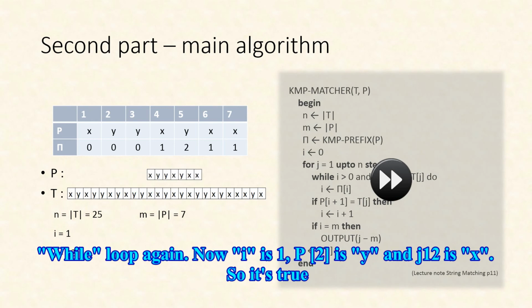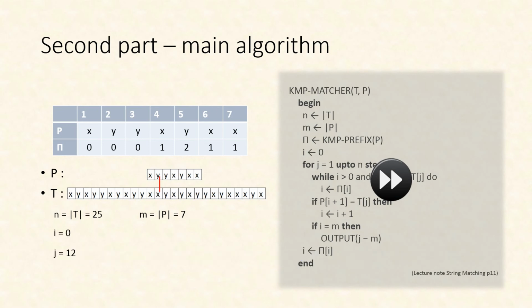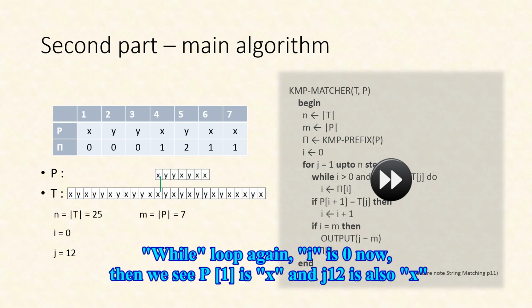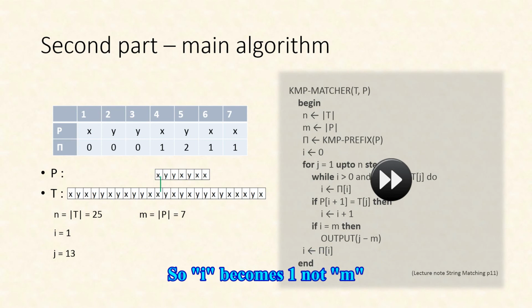While loop again, now i is 1, p2 is y, and t12 is x, so it's a mismatch. Then i will be pi[1], 0. While loop again, i is 0 now. Then we see p1 is x, and t12 is also x, so i becomes 1, not m.